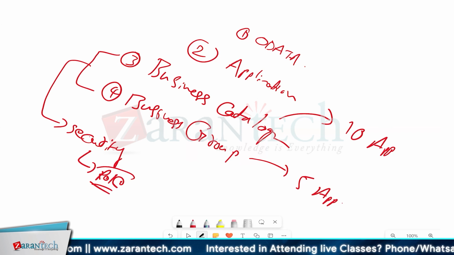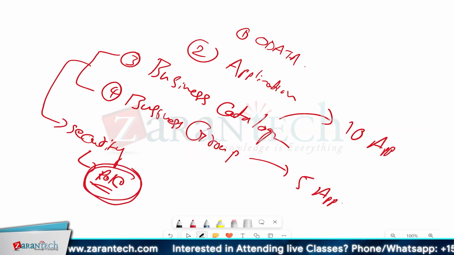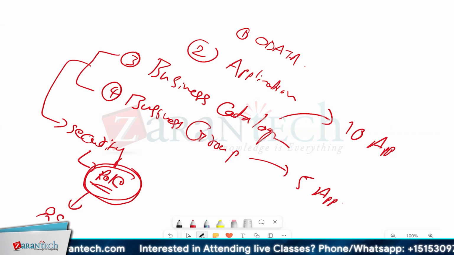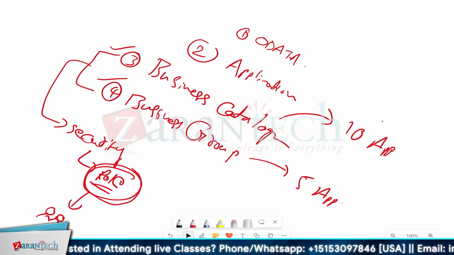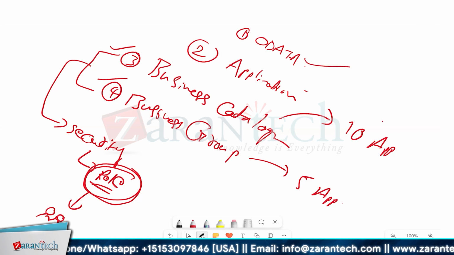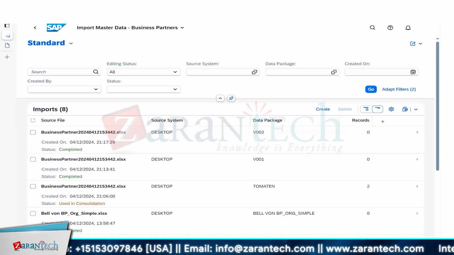Whoever is assigned this role, under this role these business catalogs are there, and they can see these applications. Once they can see these applications, they will click on an application to perform some activity. Because the corresponding backend OData and applications are active, they should be able to perform the activity.